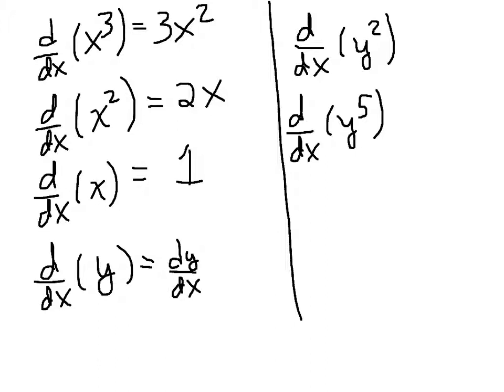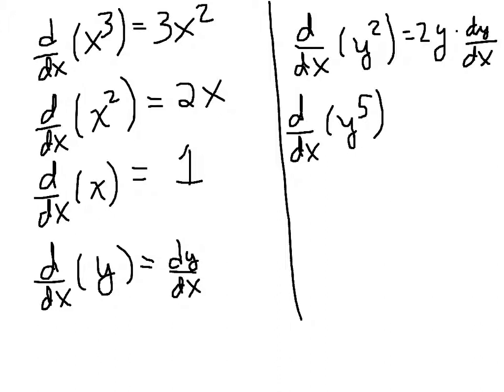So now let's look over here on the right side, and here we have an example that helps us understand how implicit differentiation works. We're taking the derivative with respect to x of y squared. So this is a direct application of the chain rule. And really we have a function y, which we know nothing about. That's the inner function. And the outer function is something squared. And so we have seen that the derivative of this is 2y dy/dx.